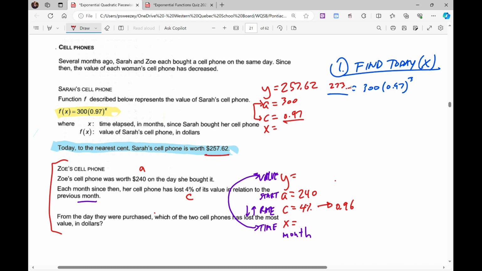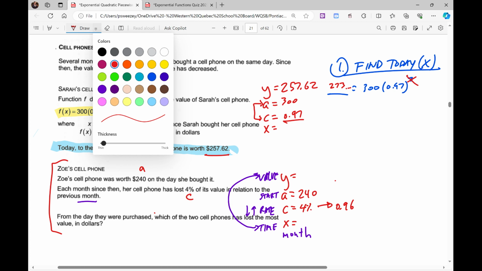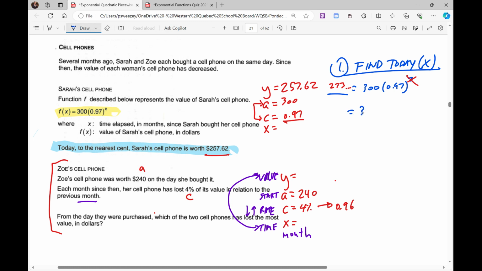So 3 cannot be it. With trial and error, I don't want you to erase it if it doesn't work. This is actually part of your calculations. Then I'll try another one. I'm going to skip up by 2, so we'll try 5 like you said. 0.97 to the power of 5 times 300, and I get 257.62.